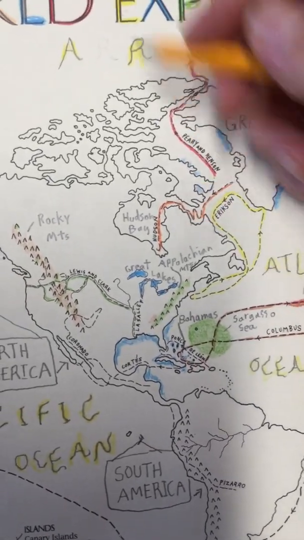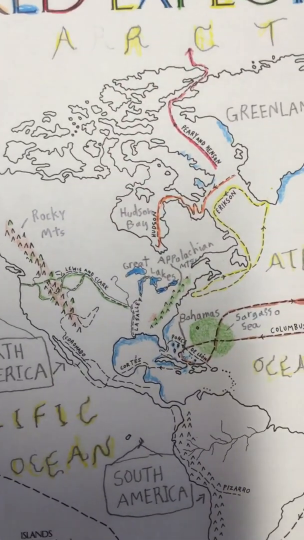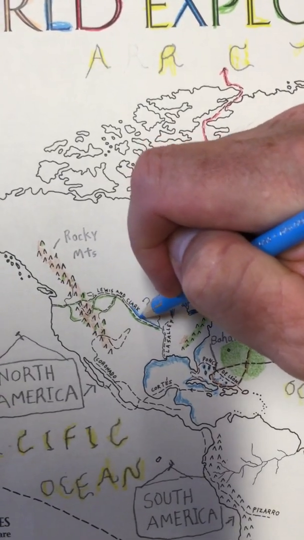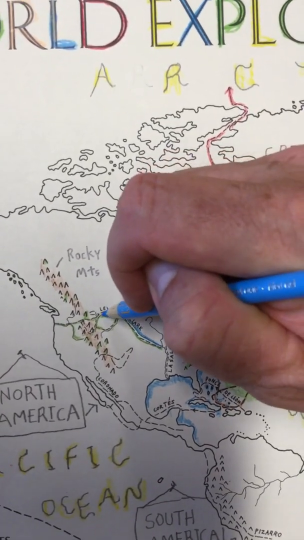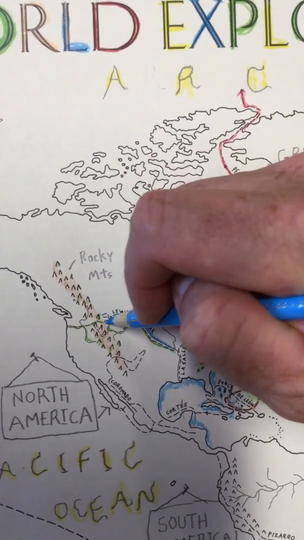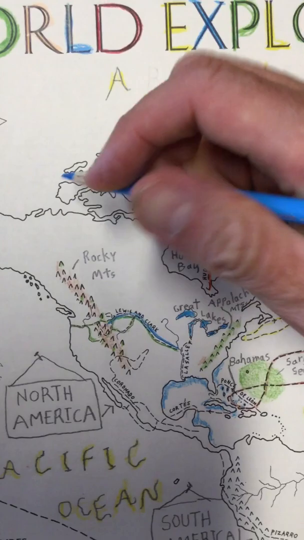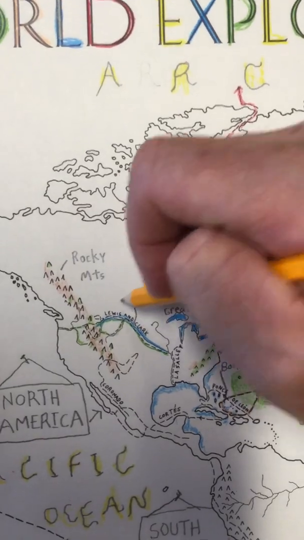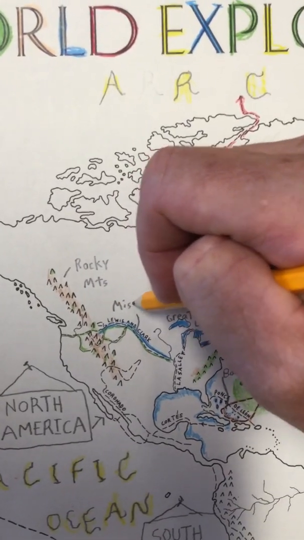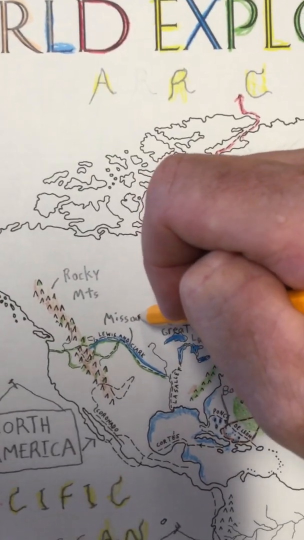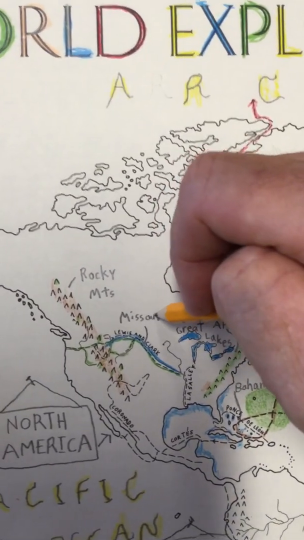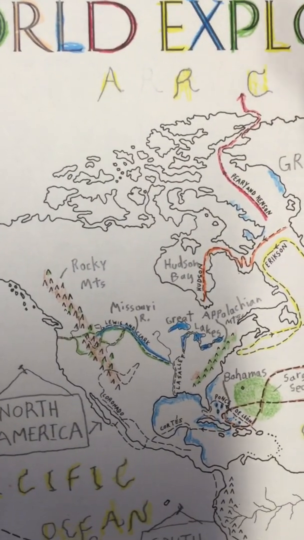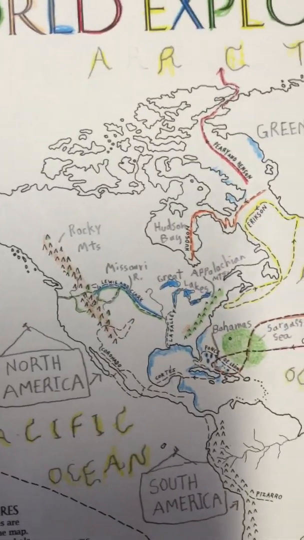So first we'll take a blue and highlight that. Brings you right up to the Rockies. And we can label it right above. Missouri River. Okay, I'll check that off my list.